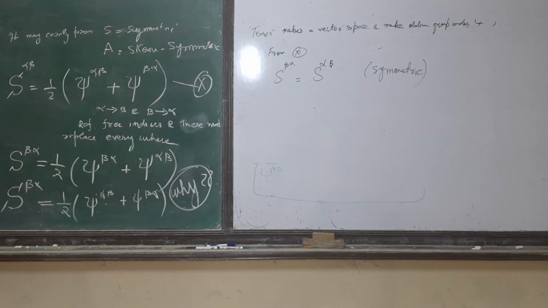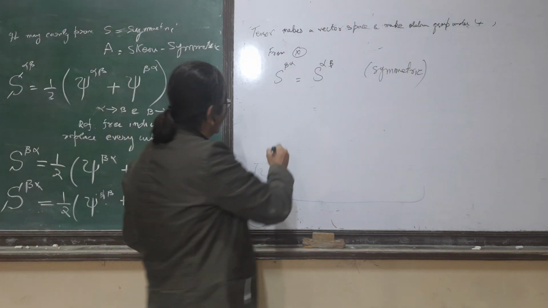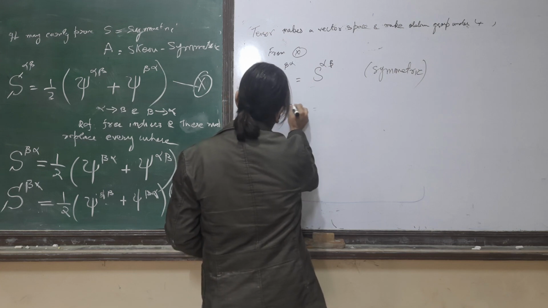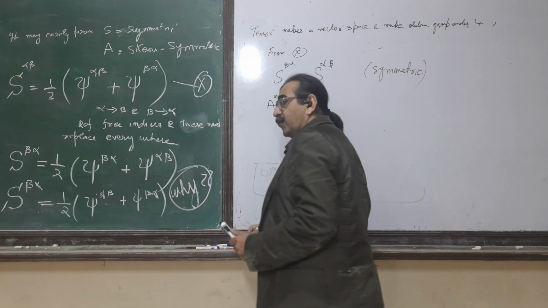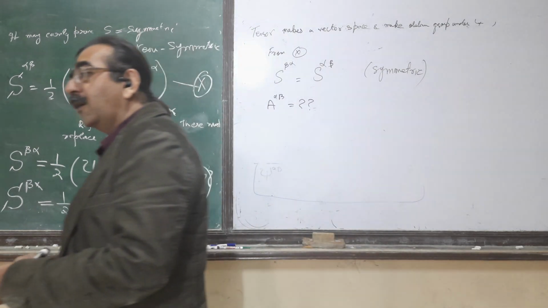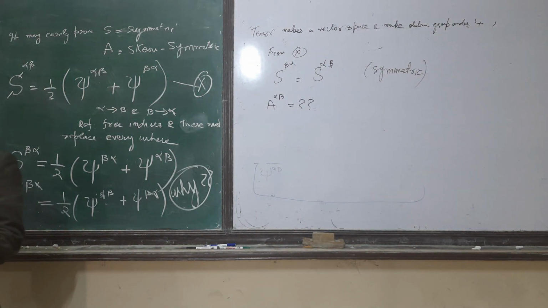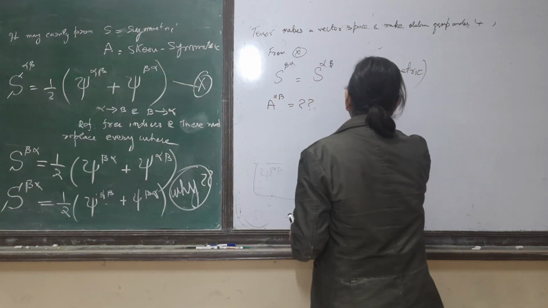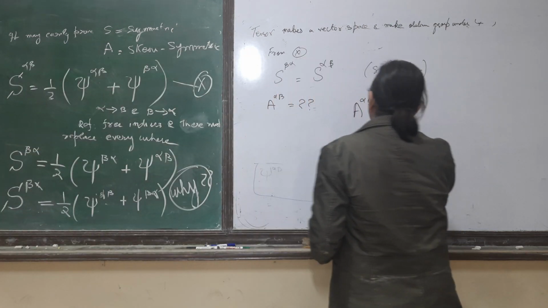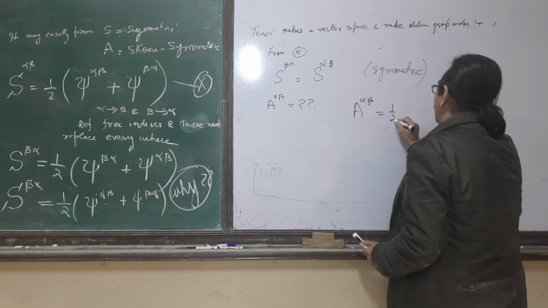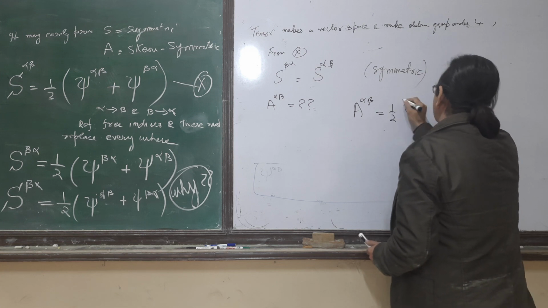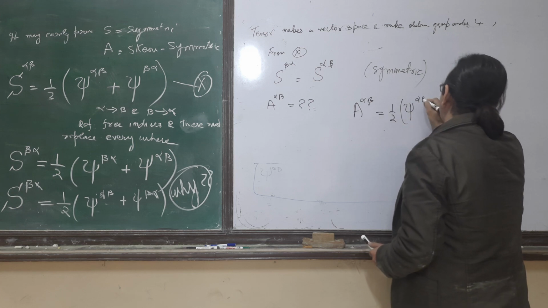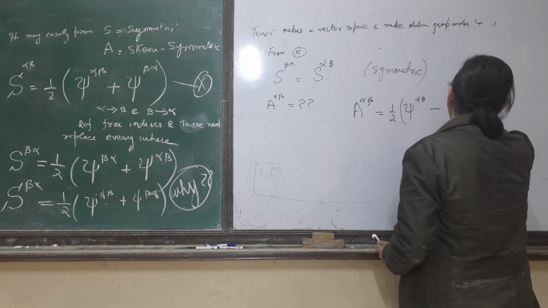Okay. And if we consider A, now what is A alpha beta? We have to find whether this is symmetric or not. We will verify that these are not symmetric, because A alpha beta is 1/2 psi alpha beta minus psi beta alpha.